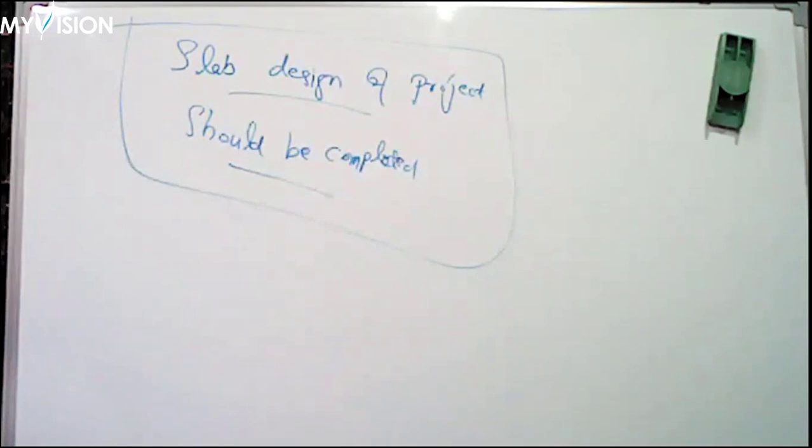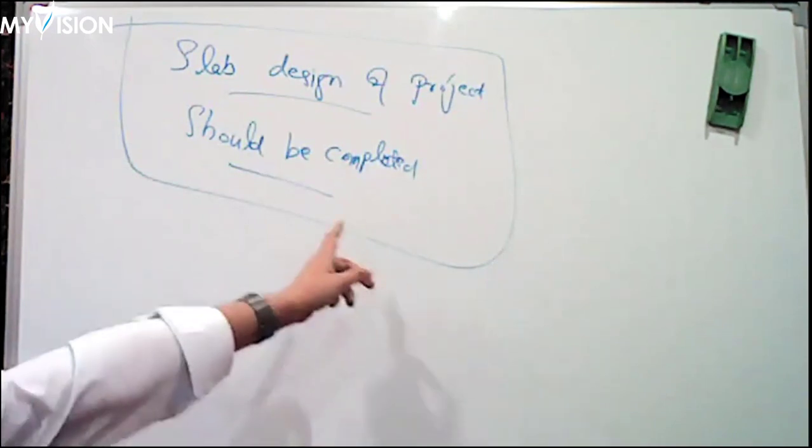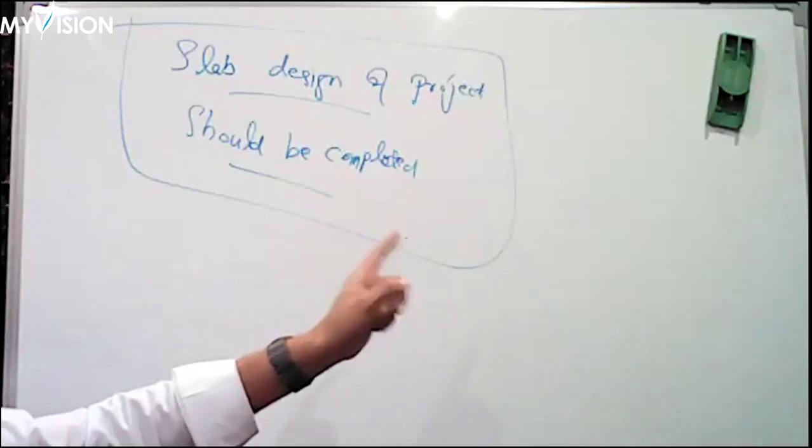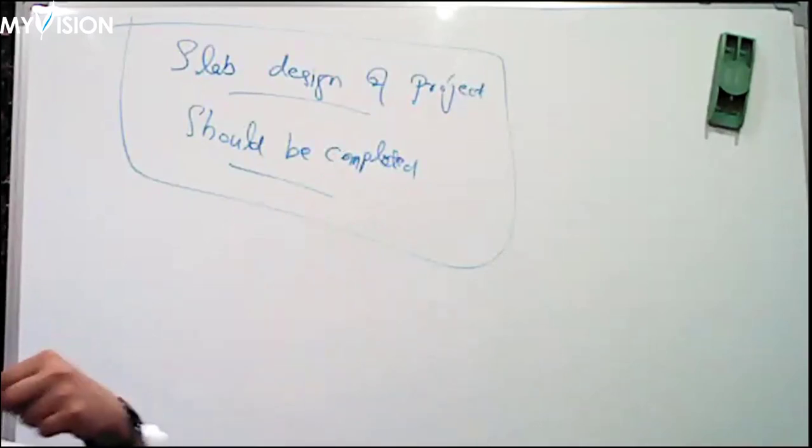This is the first step. After the holidays, I will check your slab design. If any one of you didn't submit assignment number 1 or the project after the holidays, remember that you will get 0 marks from me.